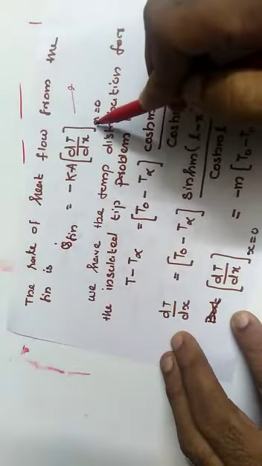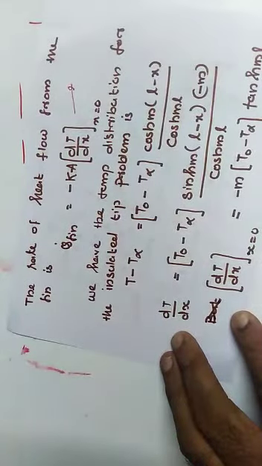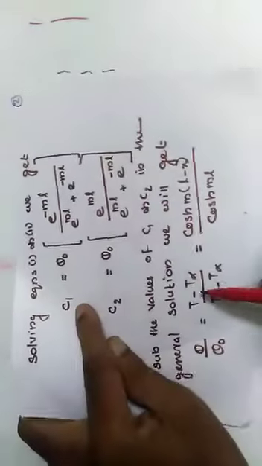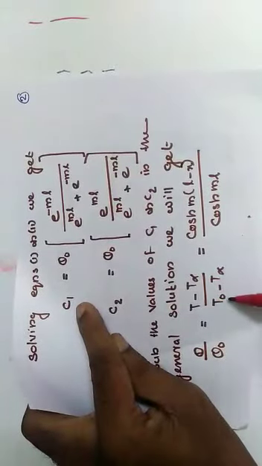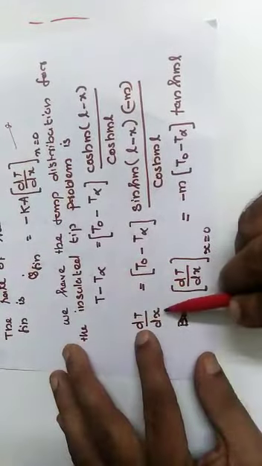Now we know the temperature distribution, because (T minus T infinity) divided by (T0 minus T infinity) equal to this. So this will give you T. If you know the value of T, you can calculate dT by dx.